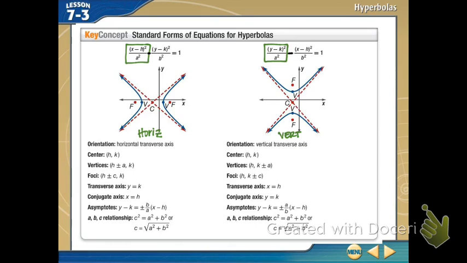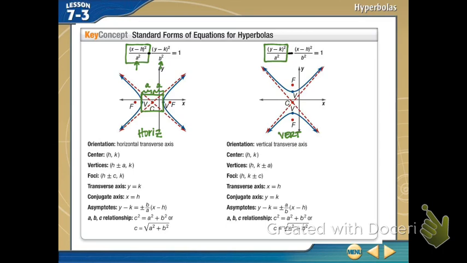So you've got these values underneath here, a and b. These values are dictating how wide this box is right here. So this distance from the center out to the vertex, this distance is a. So we go out a spaces in each direction, right?